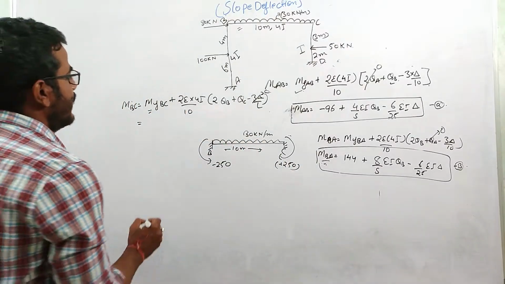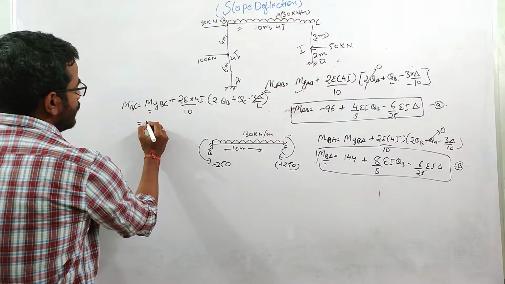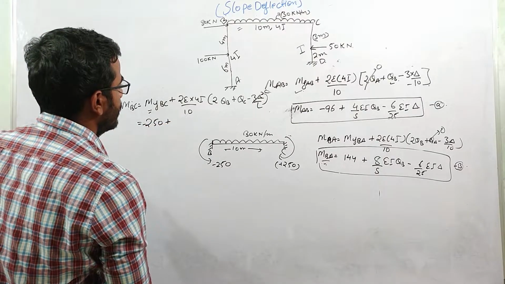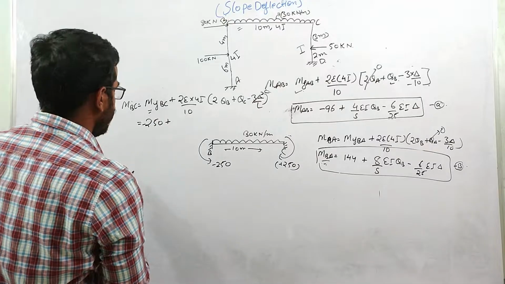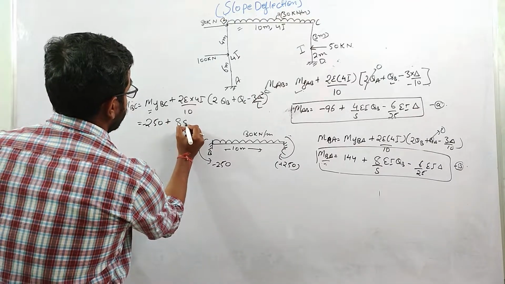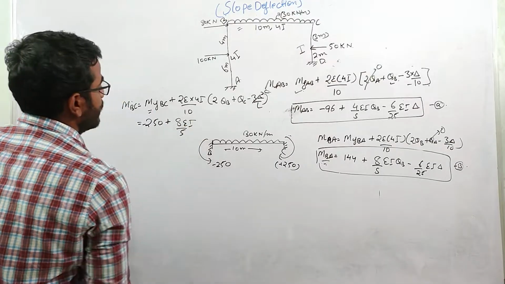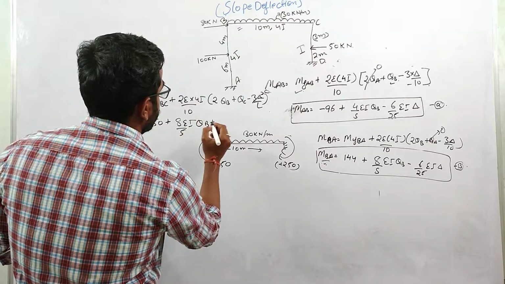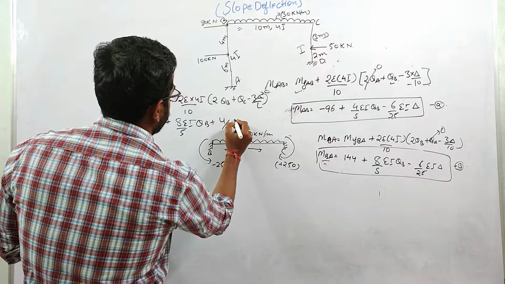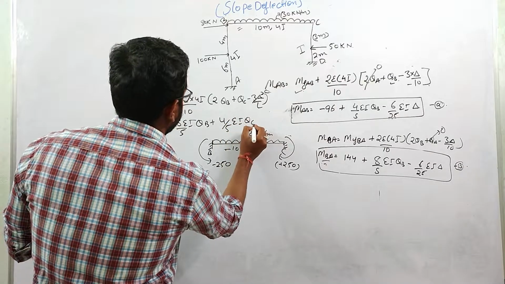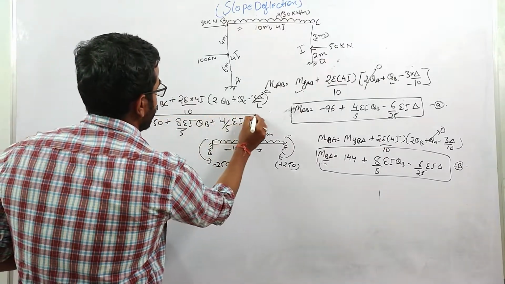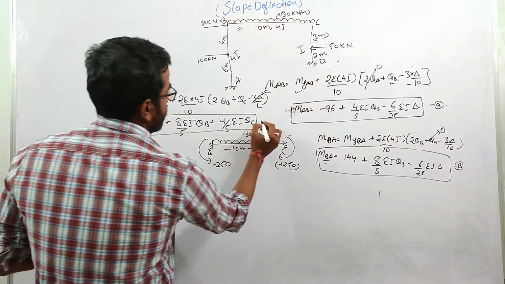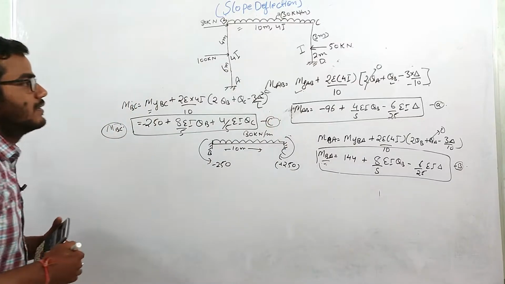So if we put this value in this equation, the value comes out to be minus 250 plus, again, 16 divided by 10, this is 8 EI over 5, theta B plus 4 by 5 EI theta C. Okay, so this is the equation for MBC. So let us term this equation as C, right?